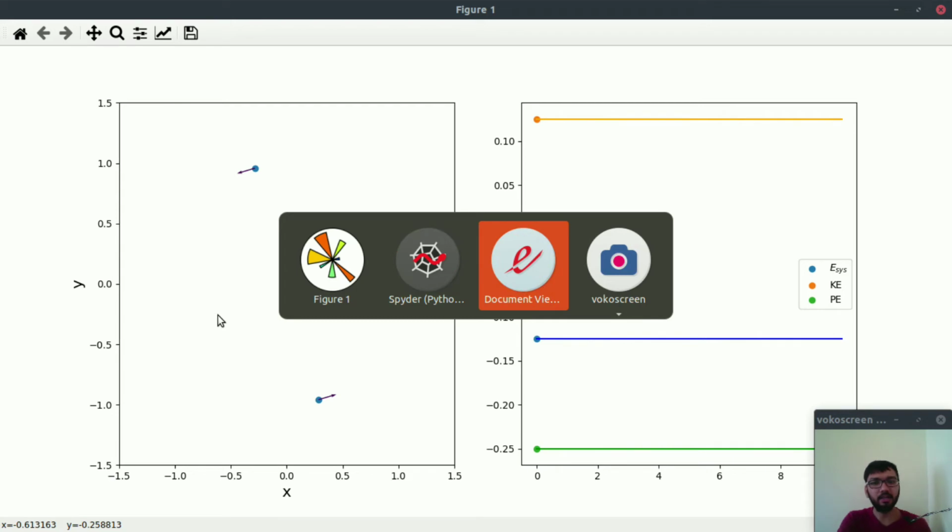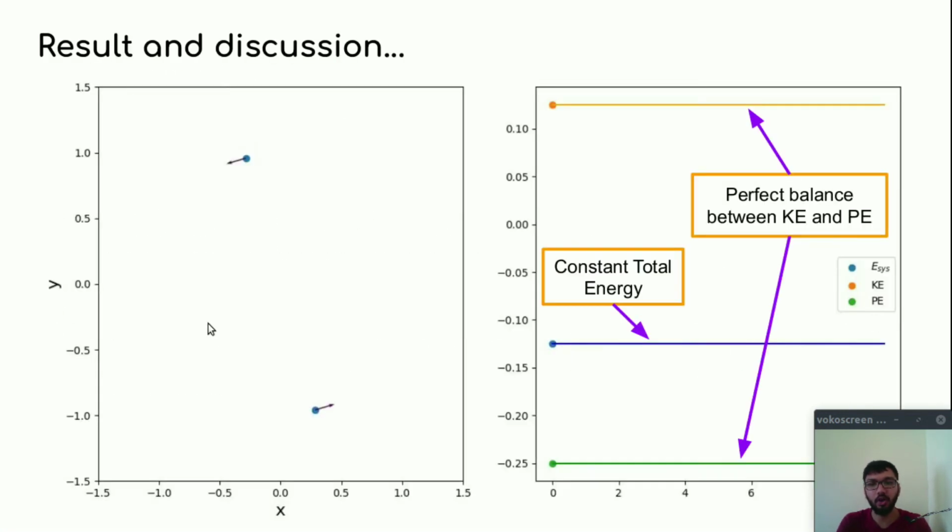Now let's shift our focus to the results and discussion of what we have learned from this system. First thing is our total energy is remaining constant, right? That means our simulation is correct. Kinetic energy and potential energy are also constant.